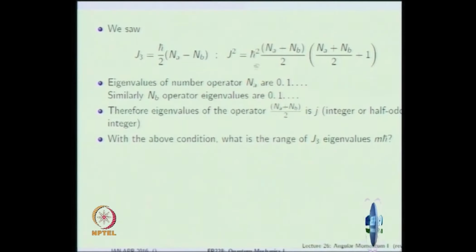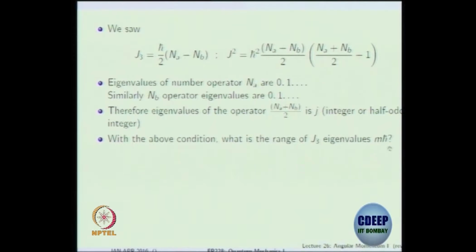What is the eigenvalue of j squared? h cross squared j into j plus 1, which is exactly what you have studied. And the range of m comes natural. It goes from minus j to plus j.